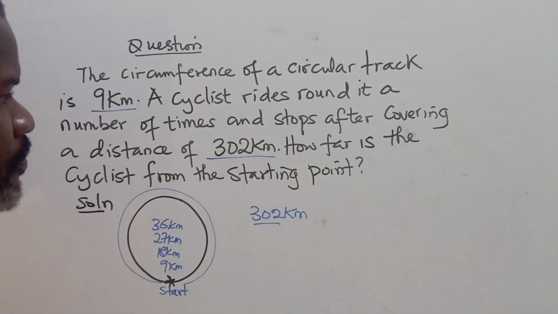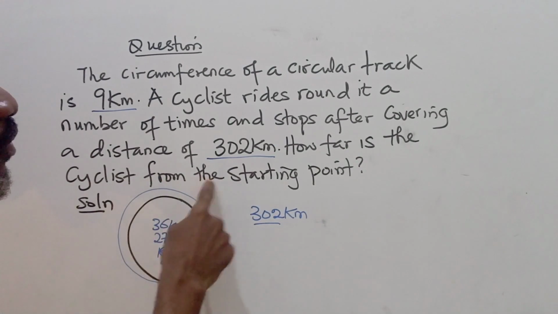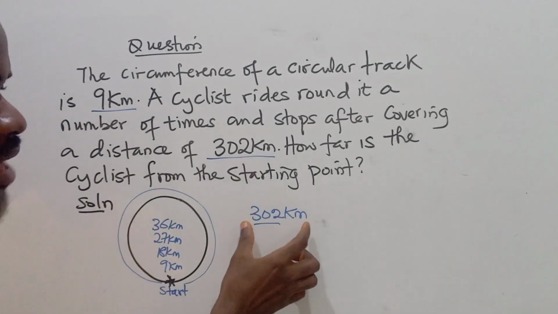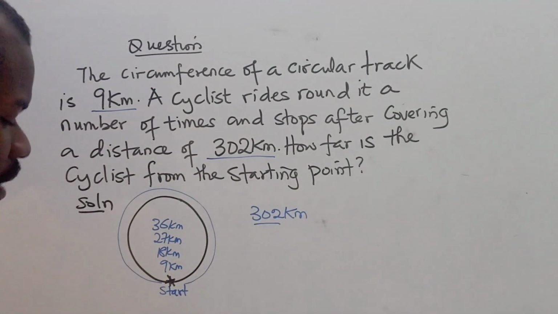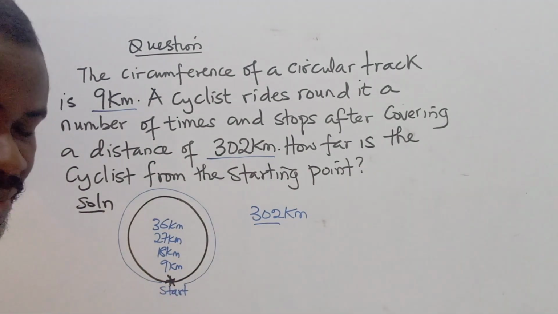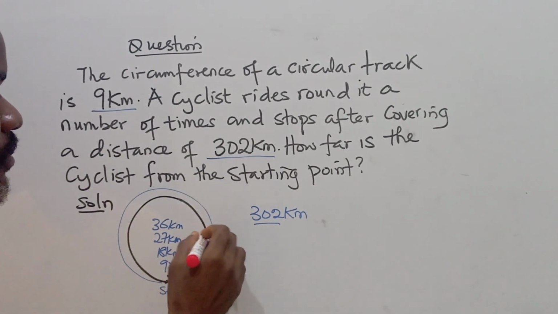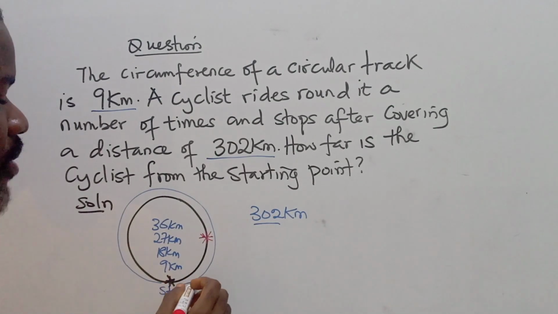Until he has gotten up to 302 kilometers. So at 302 kilometers, the question says how far is the cyclist from the starting point? It means at 302 kilometers, he moved a distance across the starting point. Let's call that distance this point.